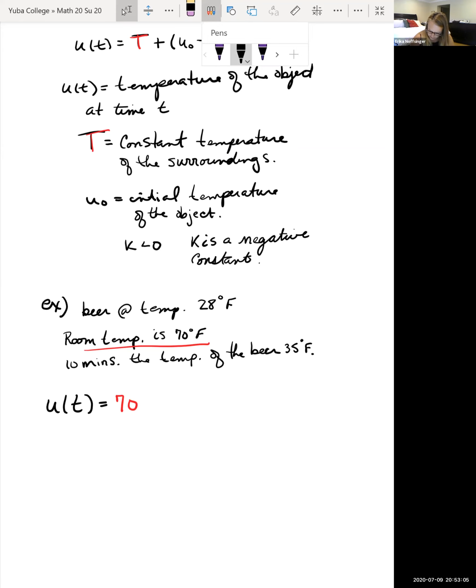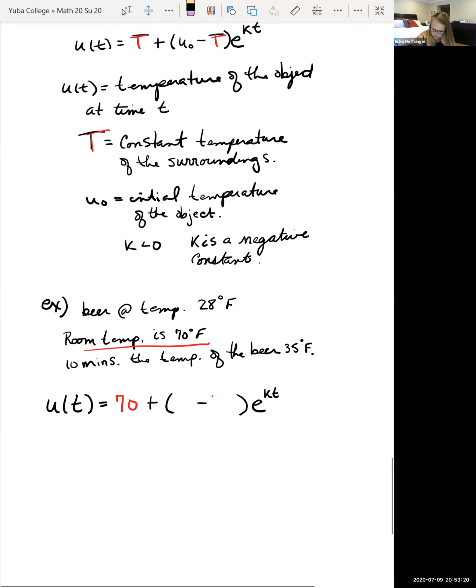Plus u sub zero, that was the initial temperature of our item, and our initial temperature of our beer was 28 degrees.